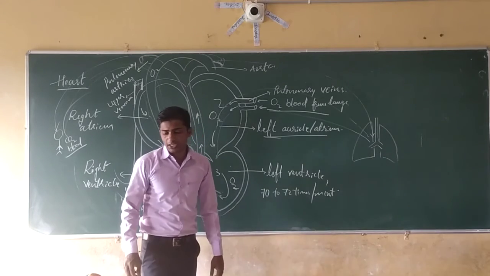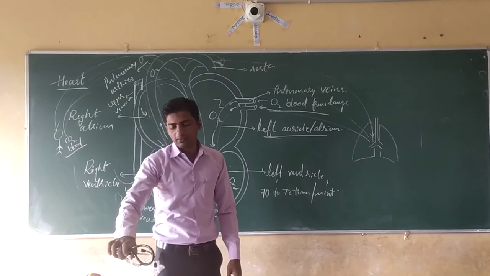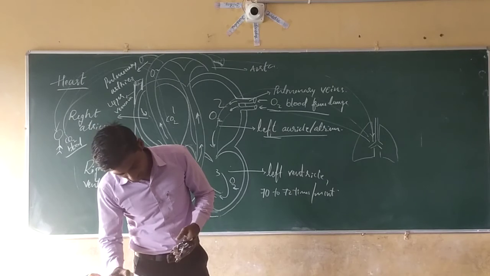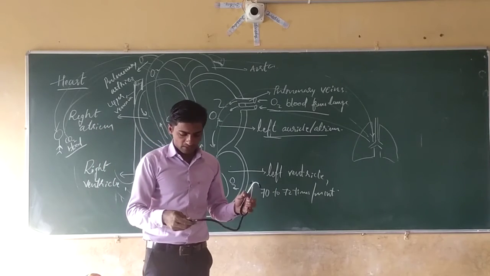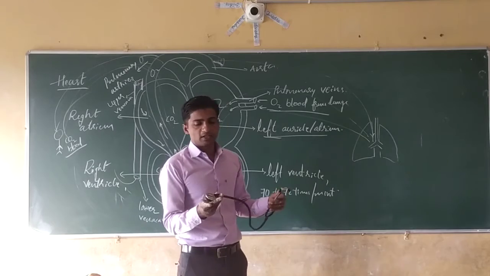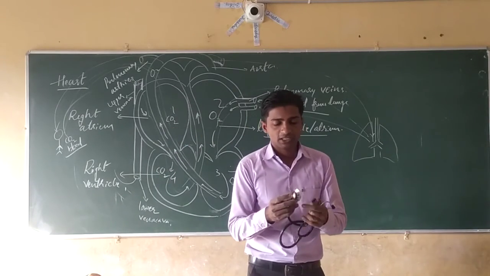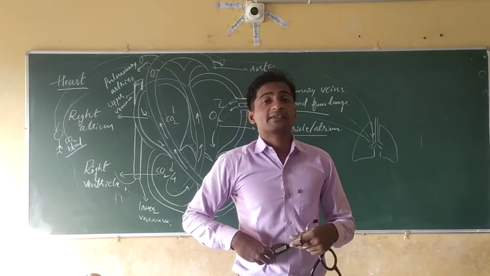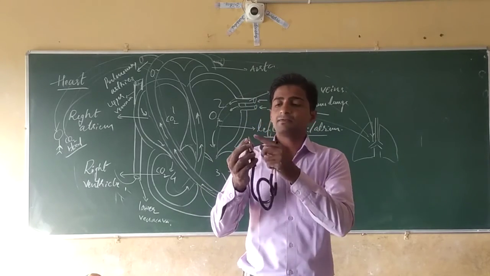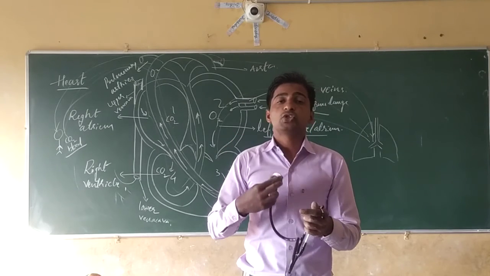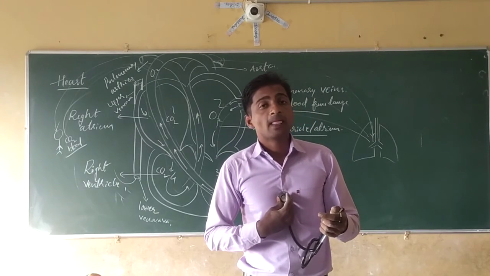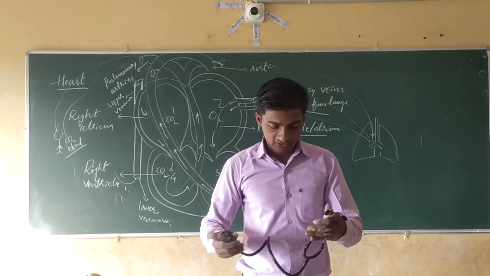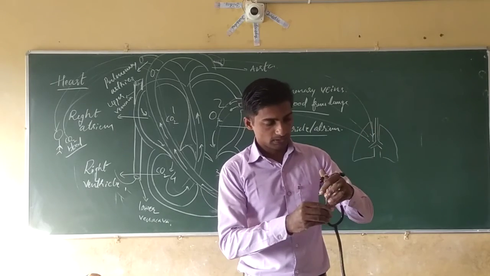And the heartbeat is measured with the help of a device called the stethoscope. That is a device called the stethoscope. You have one flat surface that is used for the identification of the heartbeat. Here one hollow shape is there that is used for the identification of peristaltic movement. This is the flat surface that is used to know the heartbeat, and here the hollow one is used to know the peristaltic movement, isn't it?